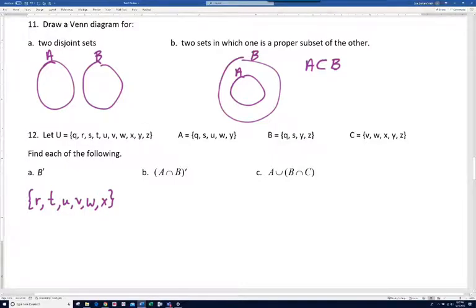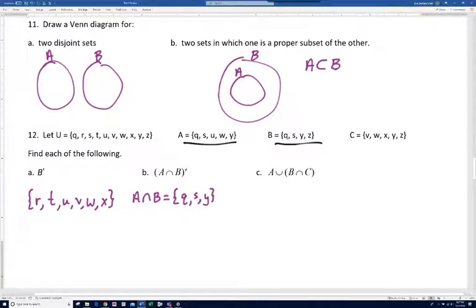So in problem B, we need to find the complement of A intersect B. So first of all, let's find A intersect B. Well, those are just the elements that A and B have in common. Well, Q and S and Y, it looks like. So let's go ahead and put those in.